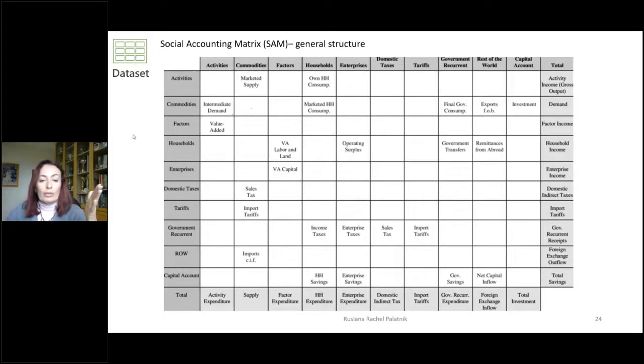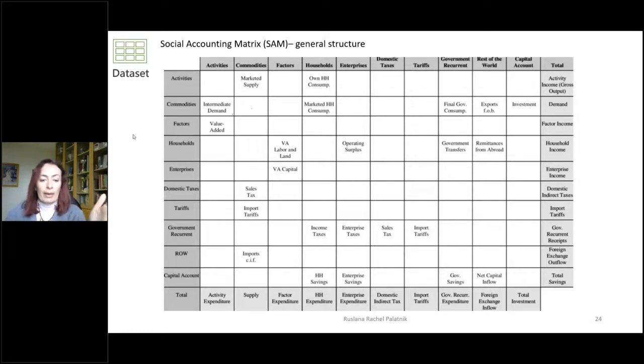I remind you that here we have the actual monetary values from the official statistics. Now, in the second column of commodities, you see the reflection of supply of each sector, in addition to taxes paid by the sector and imports, we have the overall supply of the economy for a given year.